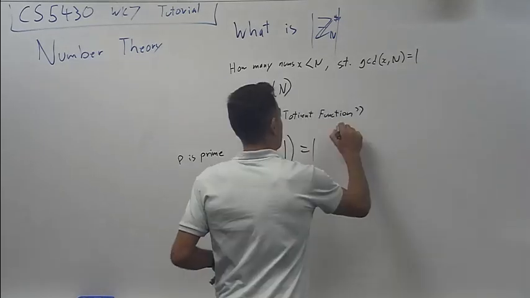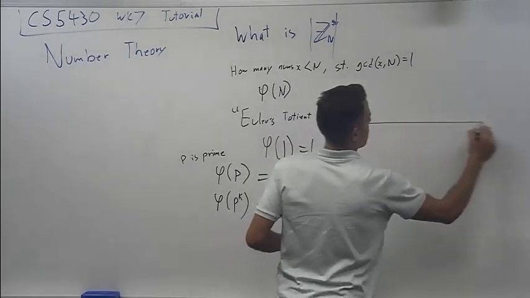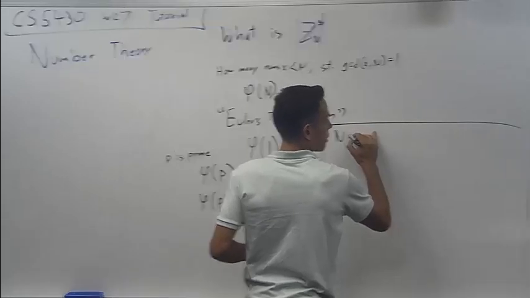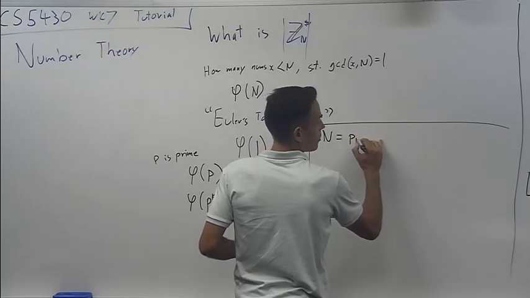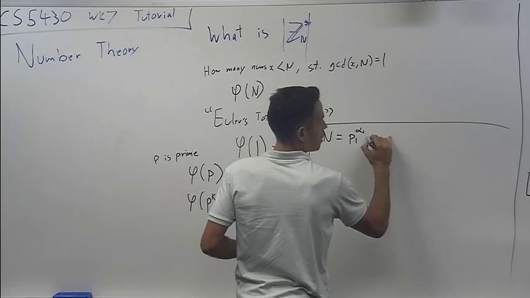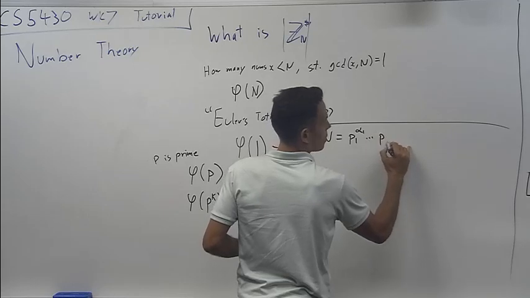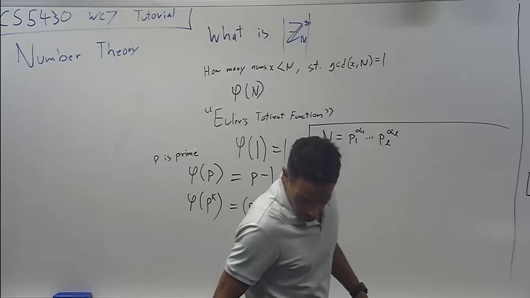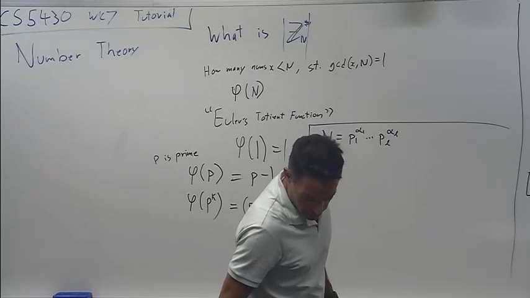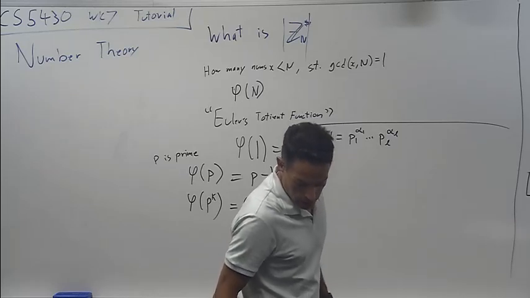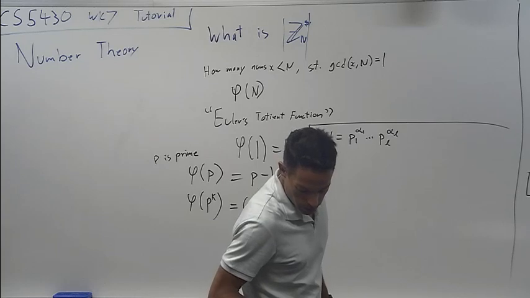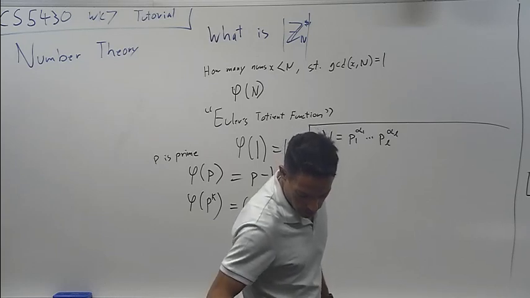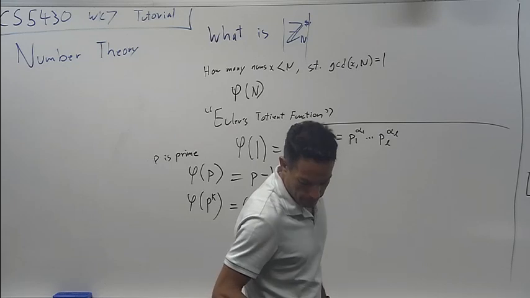So that leads us to if n, as we had over here, is a product of prime powers.